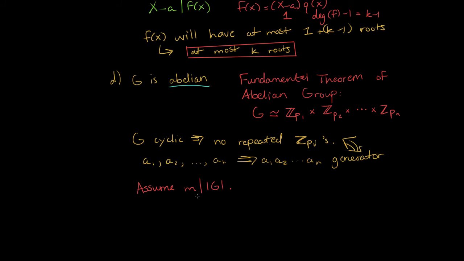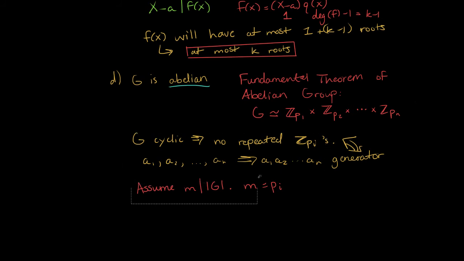So assume we have a divisor m of G. Because it's a divisor, m is going to equal some p_i, or some product of p_i, but that won't matter for our case, because all we need to do is show that there are no repeats. So we're just going to use this one part of the property.